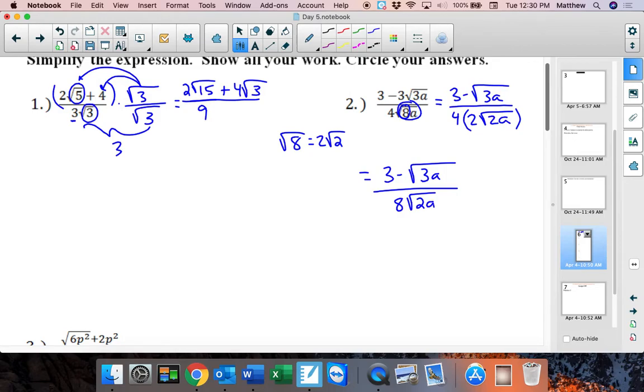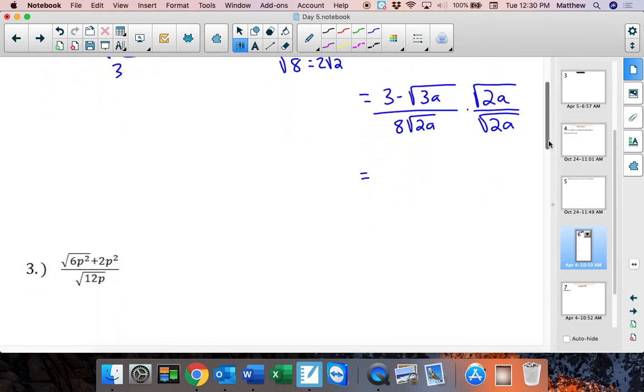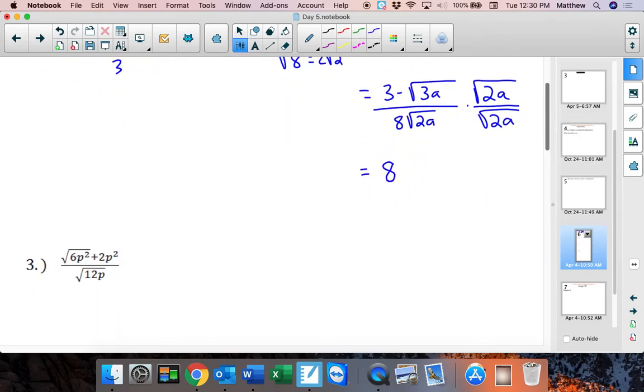So as I look now, my root 3a is simplified. My root 2a is also simplified. But it's hanging out down there in the denominator, and we can't have that. So I rationalize. Root 2a over root 2a. Now, my new denominator is, let me just pull the screen up a little bit, 8 times 2a.